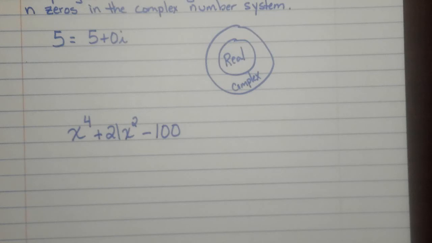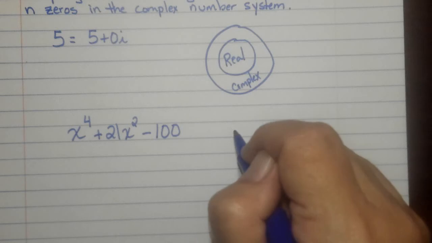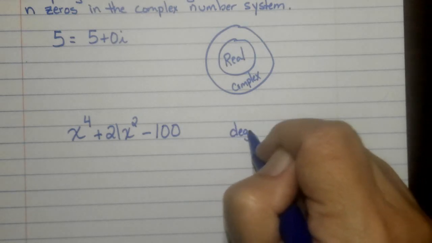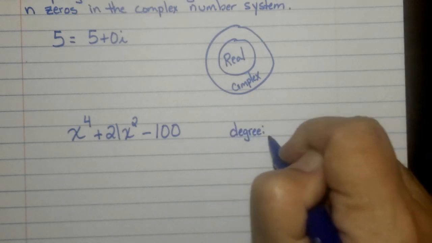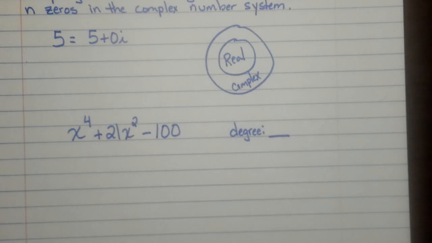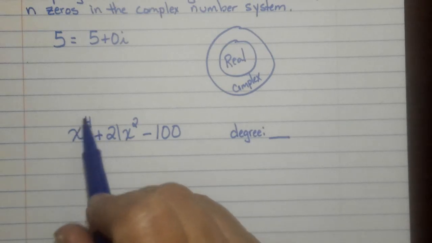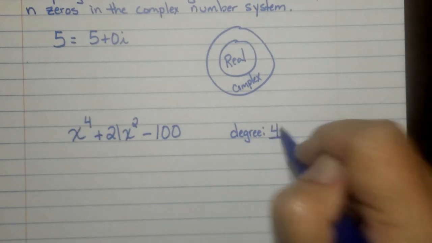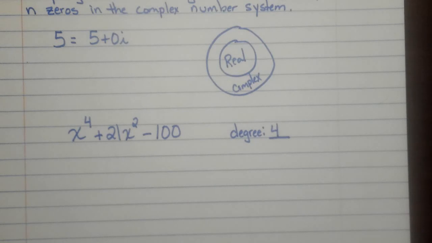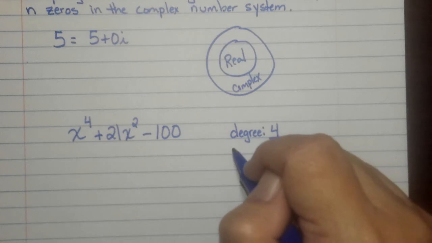So if I use the fact above and I say, well, what is the degree of this polynomial? 4, right? The degree is the highest exponent. So my degree is 4. So exactly how many zeros am I going to have? 4. It's going to be 4 zeros.